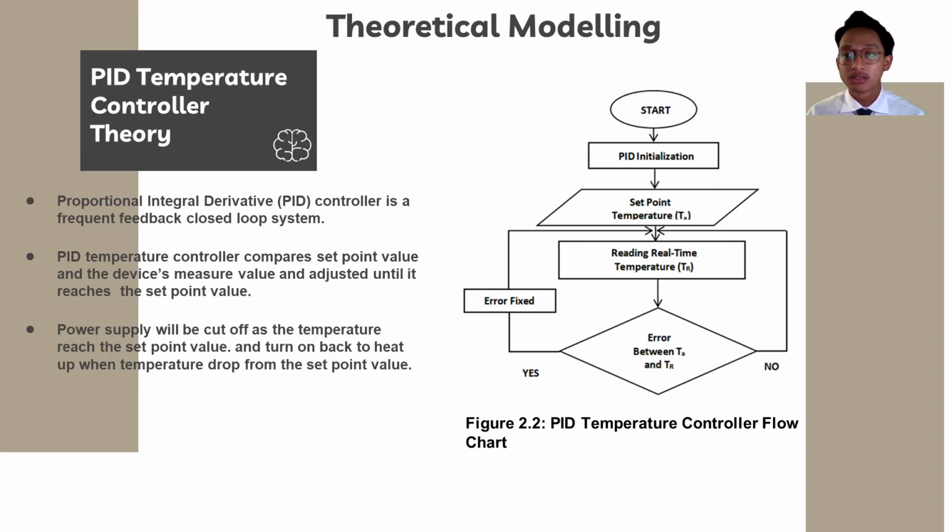When there is a deviation in the temperature, the heating process will keep on until the temperature of the measured device is the same as the set point temperature. After that, the heating process will be turned off by the sensor. And when the temperature starts to go down below the set point temperature, the heating process will turn back on, and this process will keep on repeating.